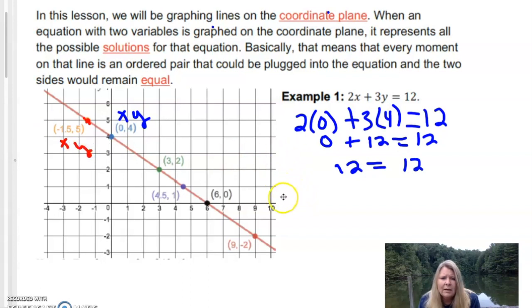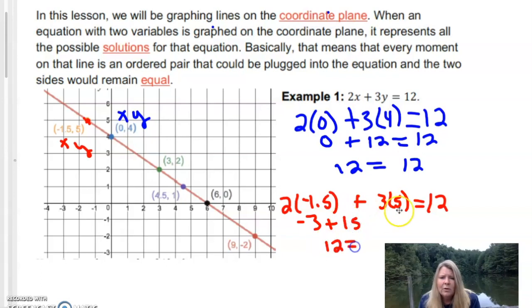So we plug in 2 times negative 1.5, which is the x value, plus 3 times the y value, which was 5, and it should equal 12. 2 times negative 1.5 is negative 3, plus 3 times 5 is 15. That gives me 12, which is what the other side equals, and so it is also a solution. I can do that with every single point on that line, and it will equal 12 every time.